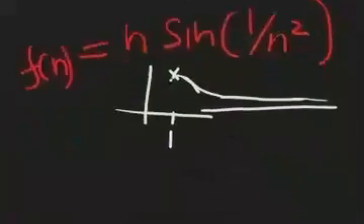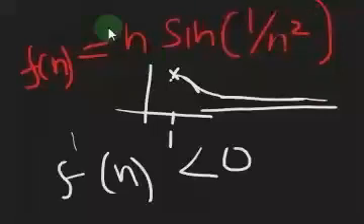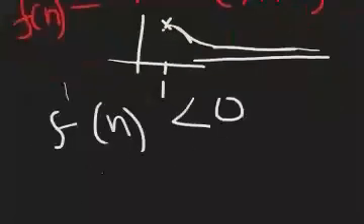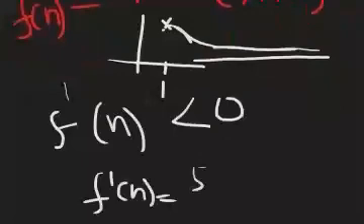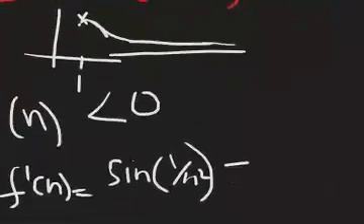If f prime of n is negative, we can say this function is decreasing. So let's show that. f prime of n is equal to sine of 1 over n squared plus n times the derivative of the sine term.